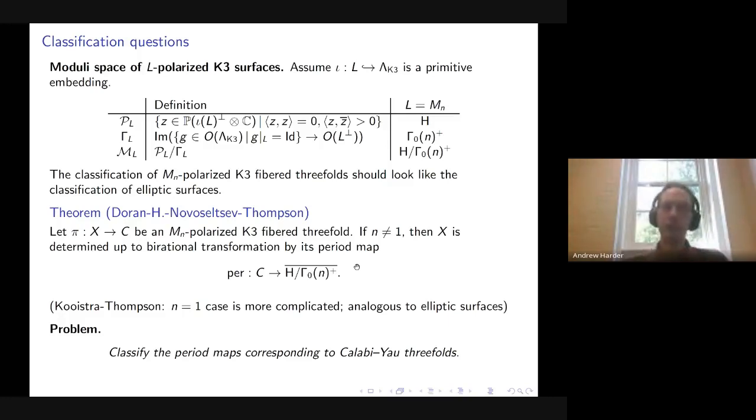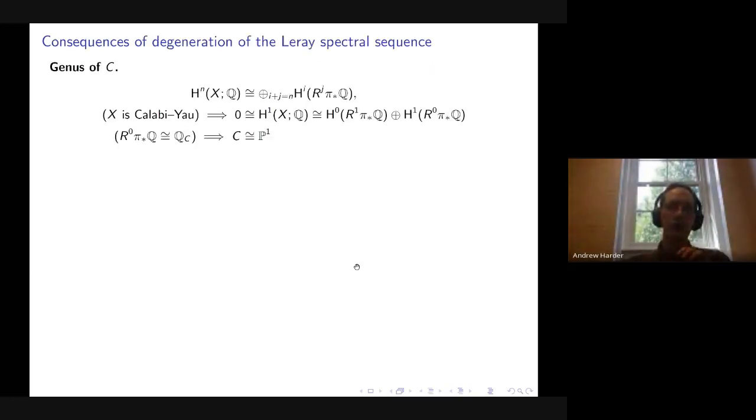There's a finite collection of those things. They're classified, so we get some information about that as well. An immediate consequence is that there's a finite number of n's such that there's a K3 fibered Calabi-Yau threefold with M_n polarization.